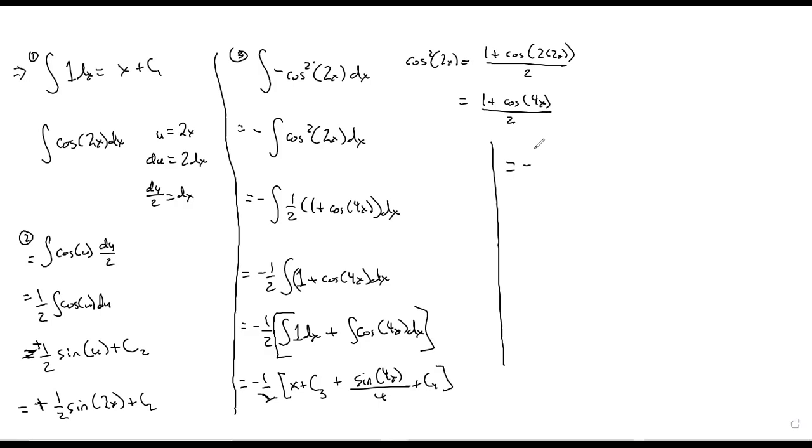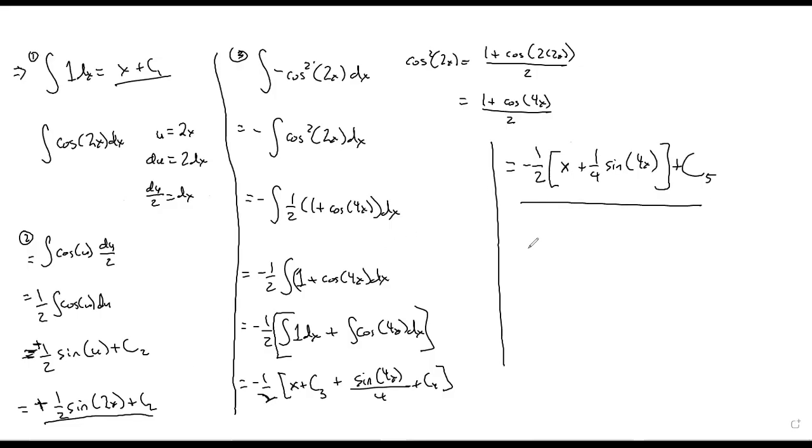So our final result for this third integral will be negative 1/2 times the quantity x plus 1/4 sine 4x, go ahead and close that off, plus some arbitrary constant, which we'll just call C5. And that's what the third integral is. So our first integral evaluates here, our second integral evaluates here, our third integral evaluates there.